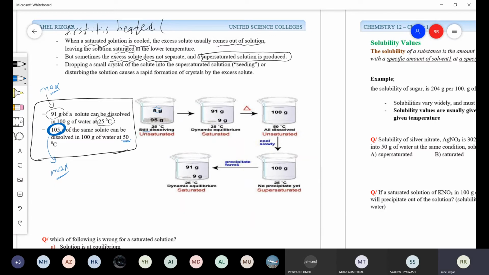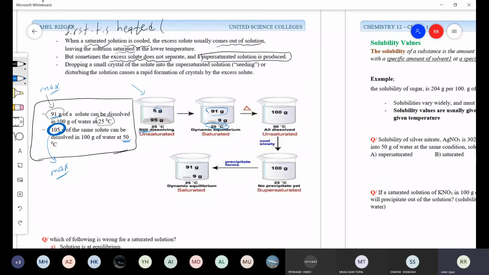It's still dissolving. But after we stir it and, for example, increase the surface area, what happens? 91 grams of the solute is dissolved. Why? Because at 25 Celsius, only 91 grams can be dissolved.